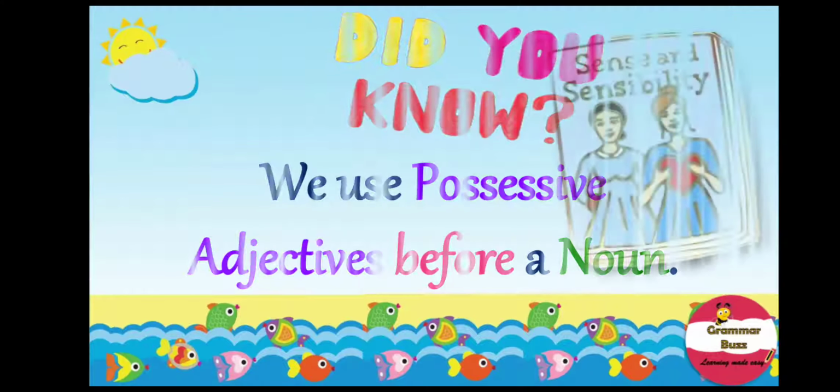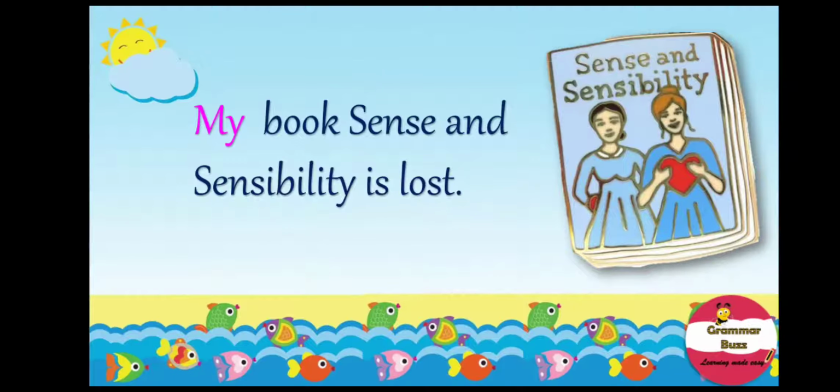Alright, let's give you an example. Look at the picture. It's the picture of a book and the name says Sense and Sensibility. The sentence says, "My book, Sense and Sensibility is lost." In this sentence, the adjective my describes the noun book. The word my is used before a noun, book.